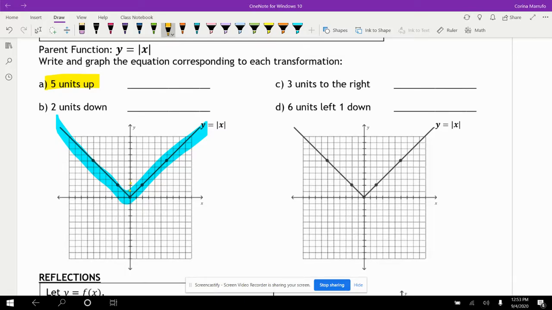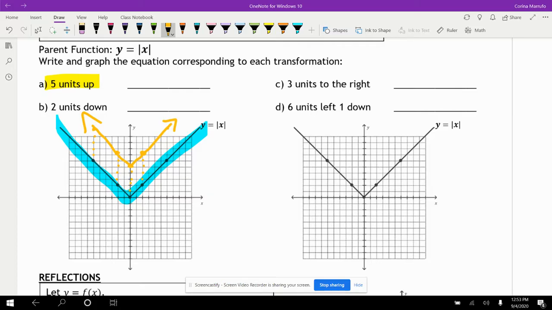So 1, 2, 3, 4, 5, and this would be my point. I take every point, 1, 2, 3, 4, 5, and translate it 5 units up. It's going to be a little bit off the graph, and it's kind of hard for me to make straight lines with this, so please forgive me.